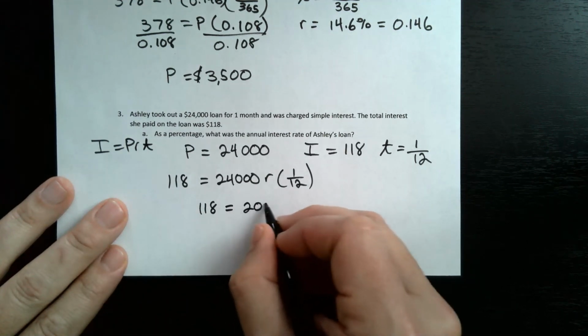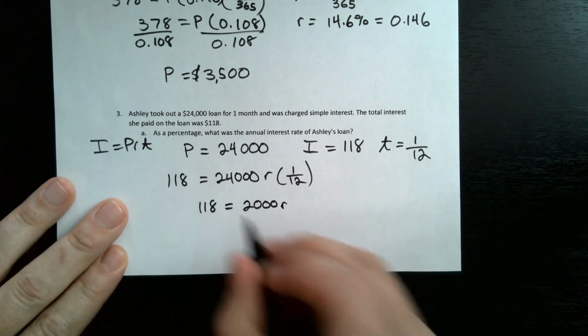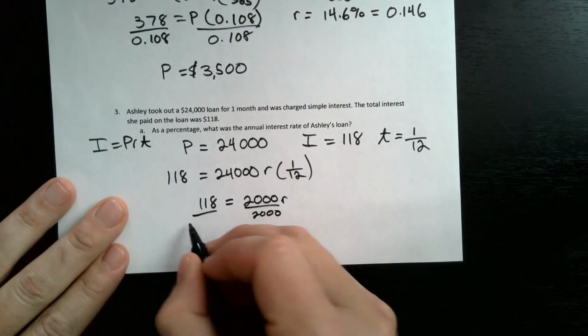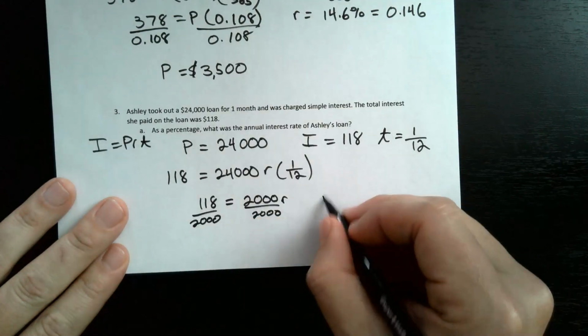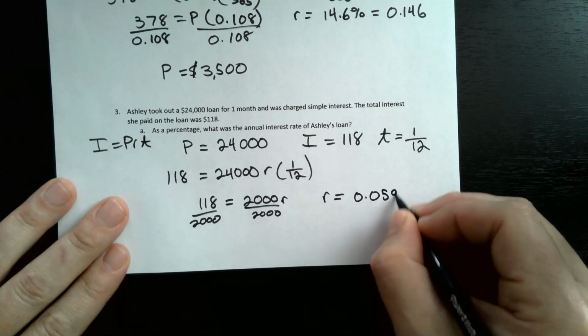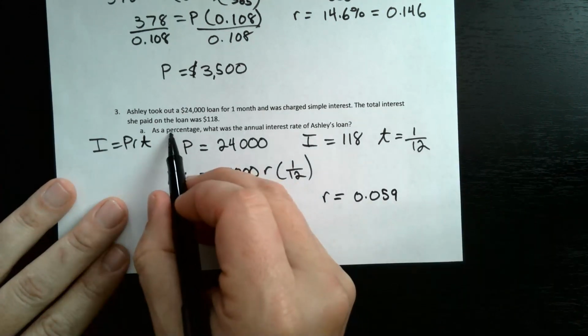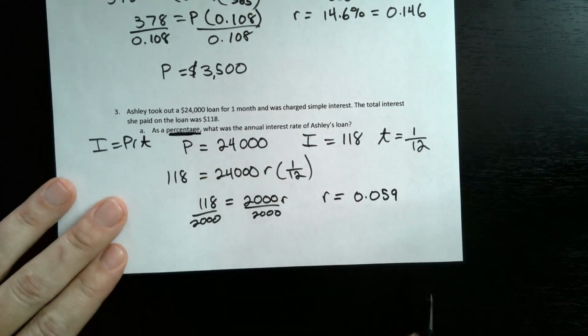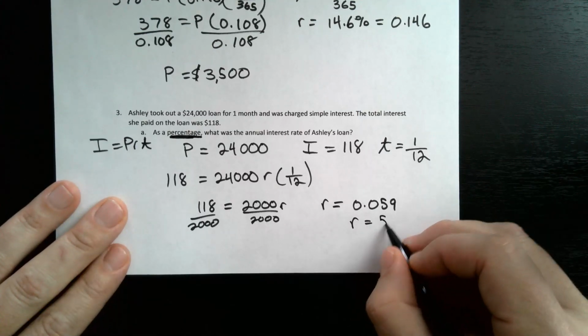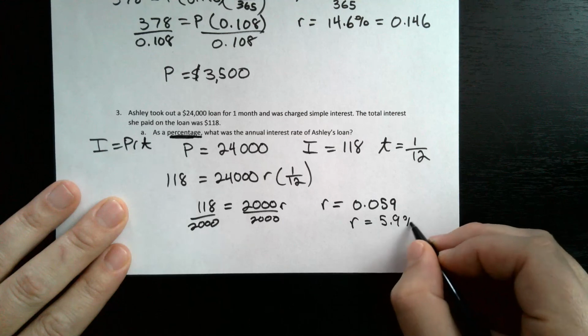So 2,000R equals 118. Then if we divide both sides by 2,000, we get R is equal to 0.059. Now it wants us to write this as a percentage, so move the decimal place over and you get R is equal to 5.9%.